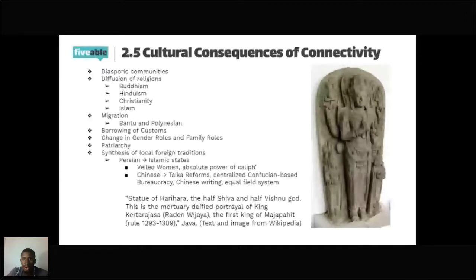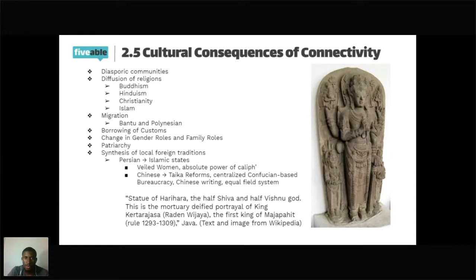So one notable thing we see here is diasporic communities, which was basically about immigrants or people that were not connected with their country of origin at the time, forming new identities along these trade routes, mainly merchants.